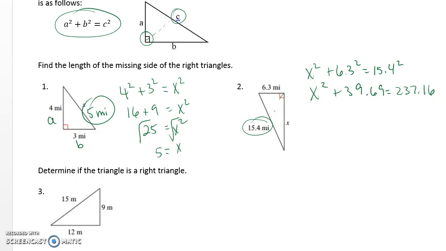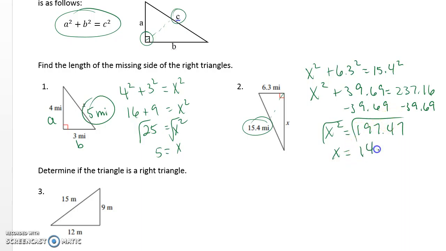And if you subtract the 39.69, you will get x squared equals 197.47. And again, I need to do the square root here at the very end. And let's do the square root of that number, and we should get about 14.1.